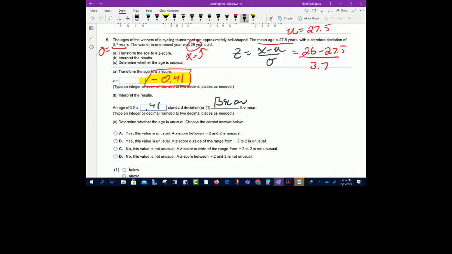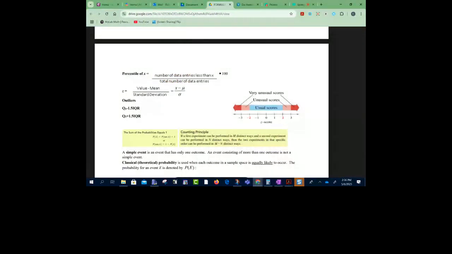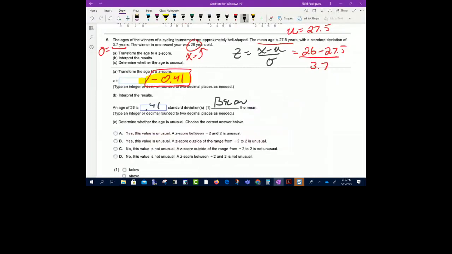Okay, so now we want to know, is this thing unusual? Look, y'all, I'm going to come back to where the unusual scores are. The unusual scores are numbers between -2 and -3 or 2 and 3. Usual scores are between -2 and +2. And we came up with what, like a 0.41?